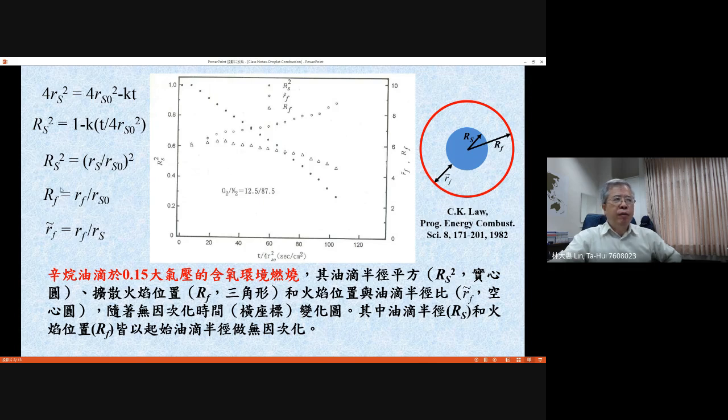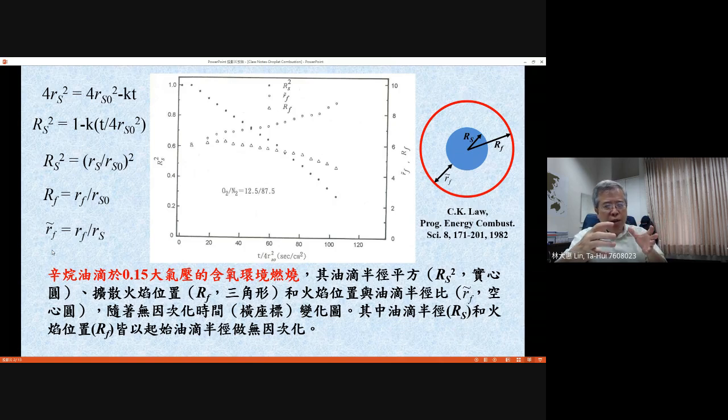Capital Rs and capital Rf represent non-dimensional quantities at any instance to tell you the droplet size change and also the flame size change. But for Rf tilde, I need to explain a little bit. Rf tilde, which we already mentioned from the d square law formulation, is just a comparison between two radii.